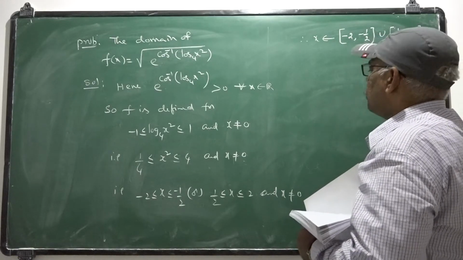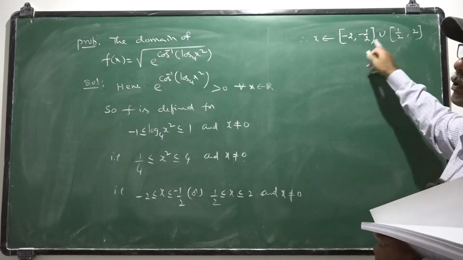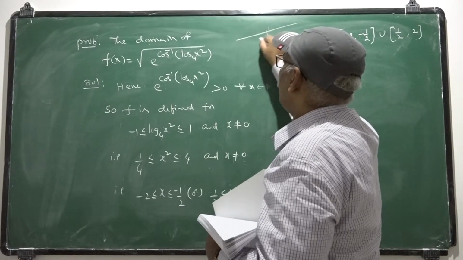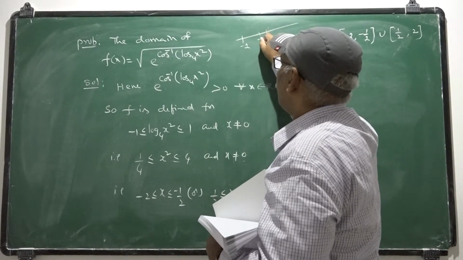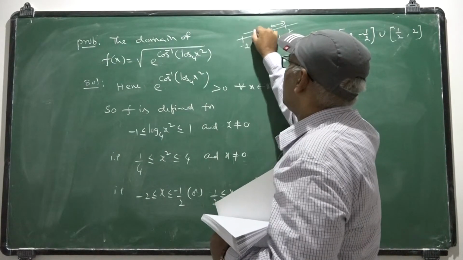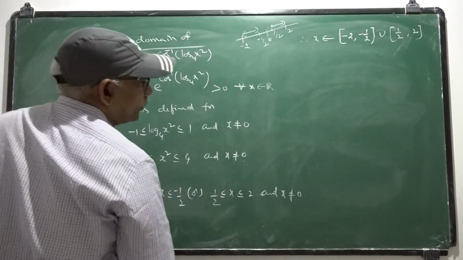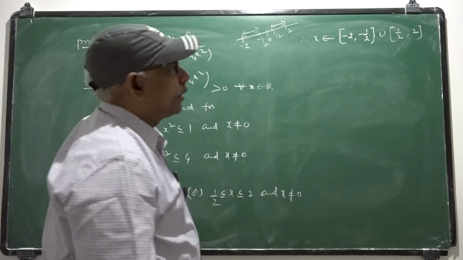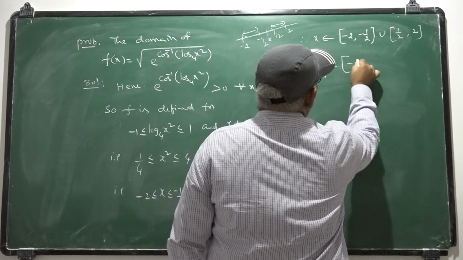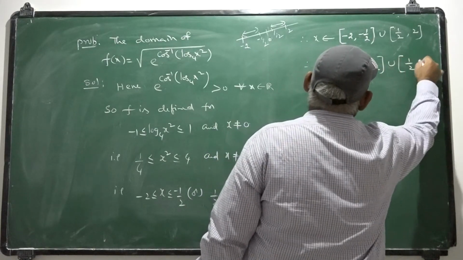In these intervals 0 is not included, of course, that should be observed. 0 is not included because x lies between minus 2 and minus 1 by 2, and 1 by 2 to 2. The x lies in this interval and in this interval 0 is not included, hence f is defined. So the domain of the function is minus 2 to minus 1 by 2 union 1 by 2 to 2 itself.